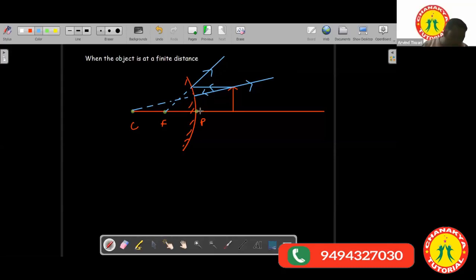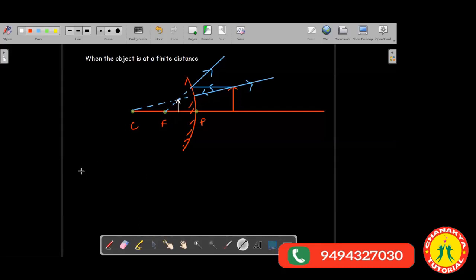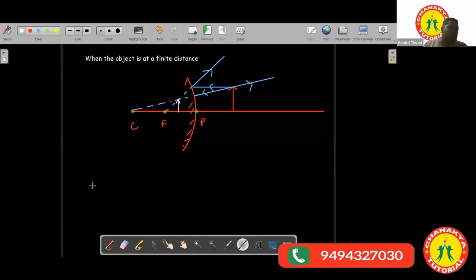So the two light rays appear to meet behind the mirror at a common point if extended backward, and hence we will get our image at this point, between F and P, and it is behind the mirror.